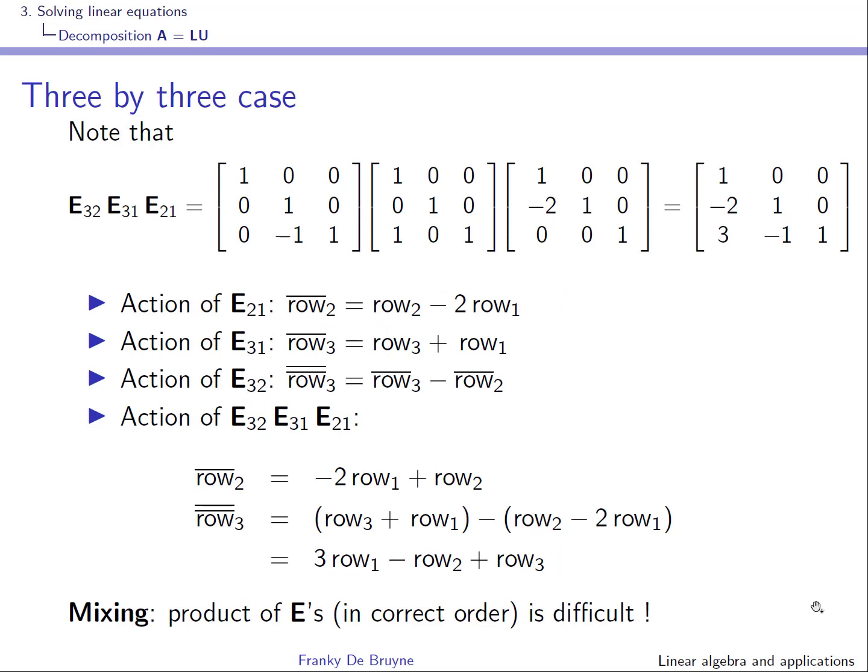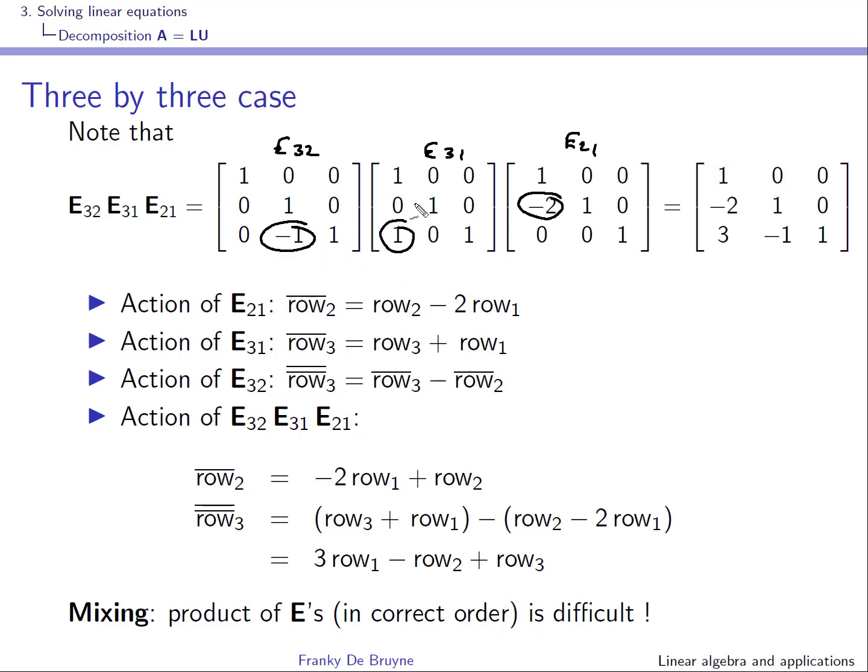Well, let us first maybe have a look at the product of the elimination matrices in the order in which they are applied. So E21, E31, and E32. This is minus the multiplier here, minus the multiplier, and minus the multiplier.